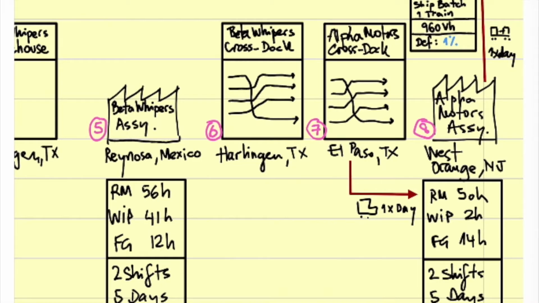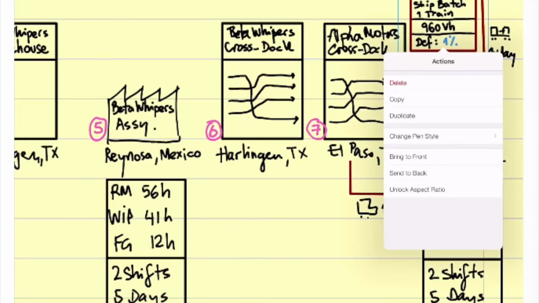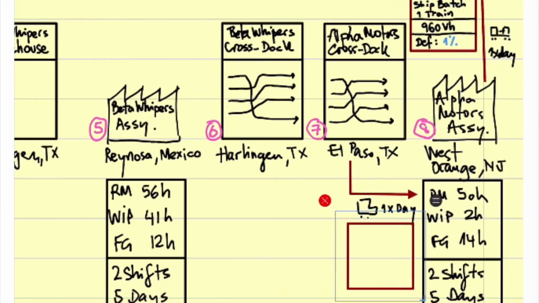So here our batch is... Our batch is going to be about 2,000 miles per truck from Texas to New Jersey.